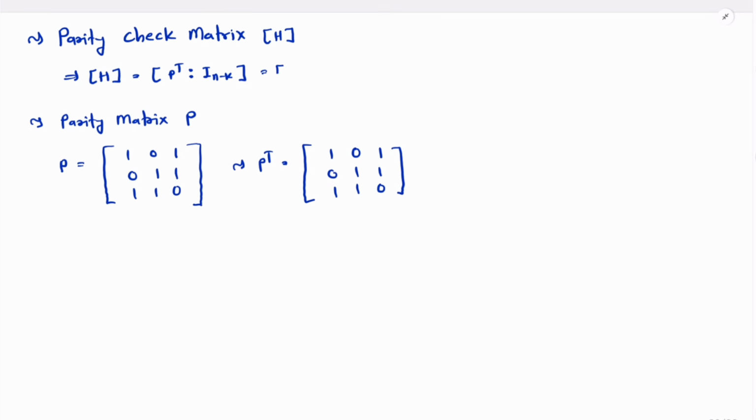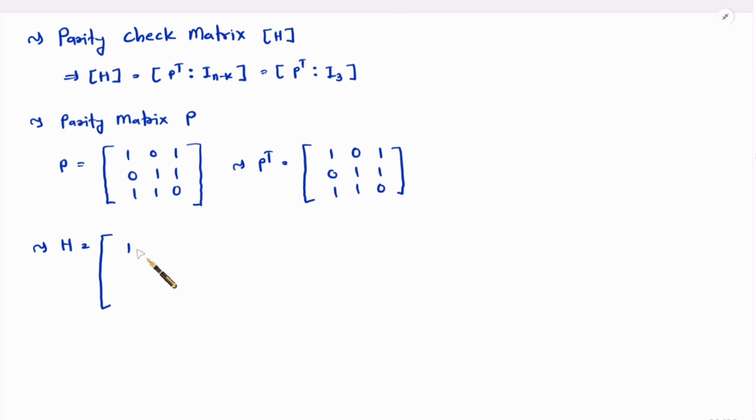So based on 6,3, one can understand this calculation. This will be P transpose and identity of 6 minus 3, meaning I3. So this will be an identity matrix, right? I3 means here we will have 3 ones diagonally. Let me show it to you. So now if you want to calculate the parity check matrix H, here we have P transpose, that is this.